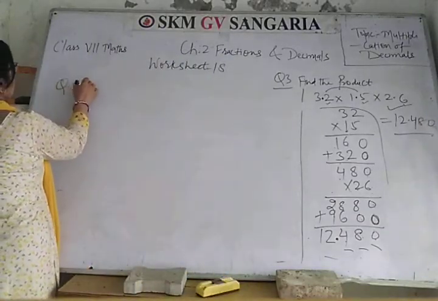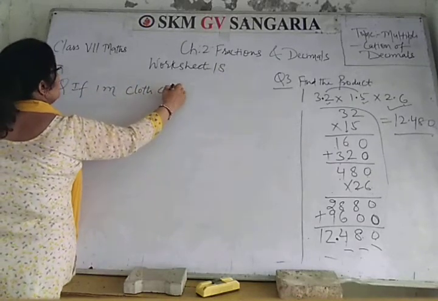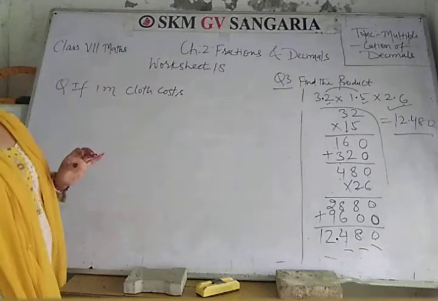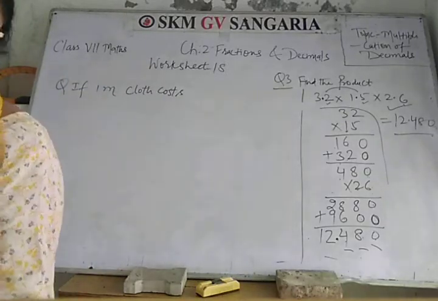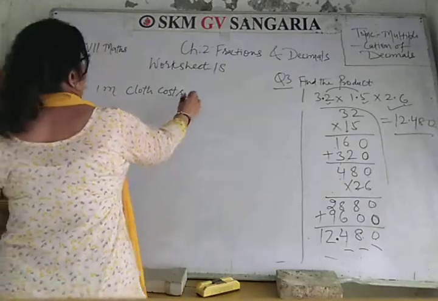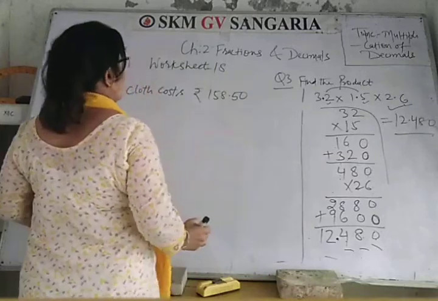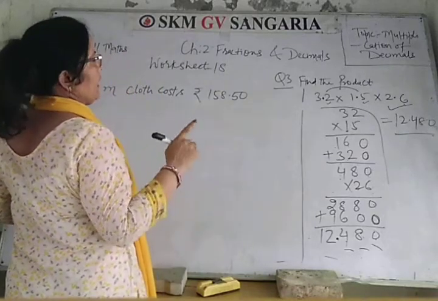If 1 meter of cloth costs rupees how much? It is rupees 158.50, which means rupees 158 and 50 paise.